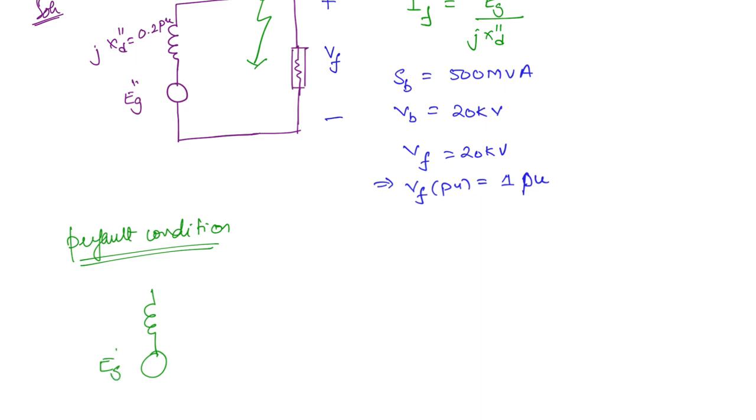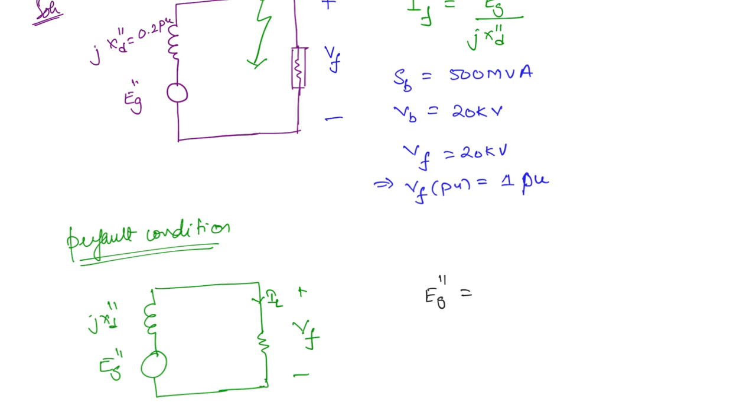So these values will be the subtransient values, and here you have the resistance. This is the pre-fault voltage VF and this will be the load current IL. Now if you apply KVL here, what you are going to get?